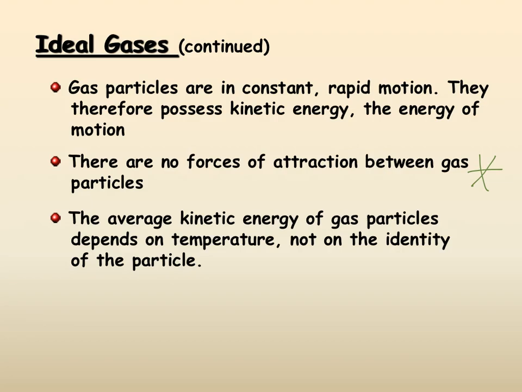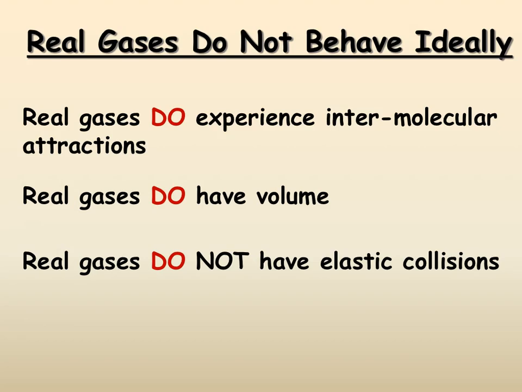Unfortunately, kinetic energy is in some ways related to mass, and since different gas particles have different masses, it's best if you use a pure gas. That way, at least in this situation, everything is the same. So, keep in mind, real gases do have attractions between their molecules. Real gases do have volume, and real gases do not have elastic collisions, meaning that they do lose energy when they collide.